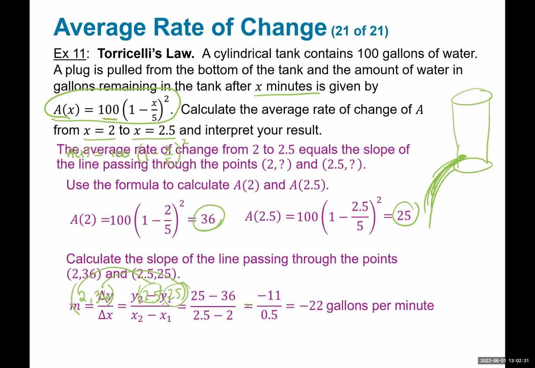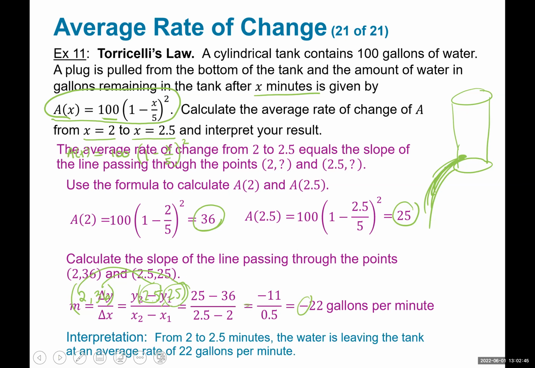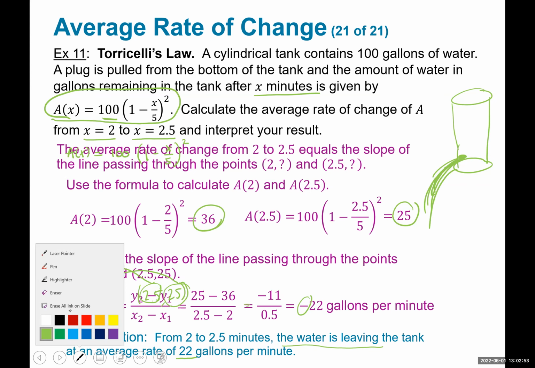Negative 11 over 0.5, which is negative 22 gallons per minute. So between 2 and 2.5 minutes, that water was falling out at about 22 gallons per minute. And we say falling out because it's negative. The water is leaving the tank at an average of 22 gallons per minute. That's crazy. And that's it. That is 1.4.